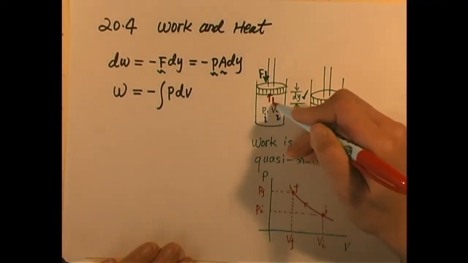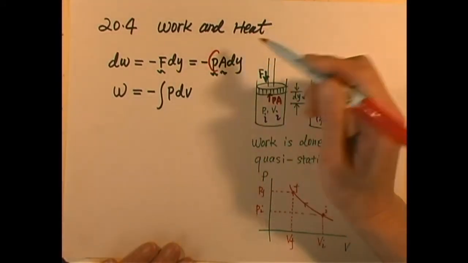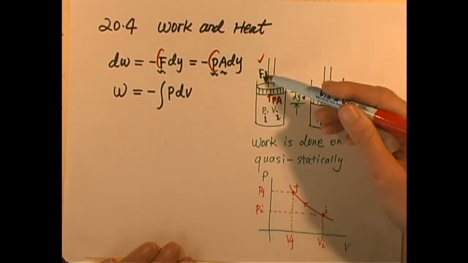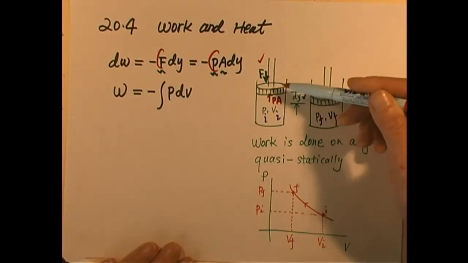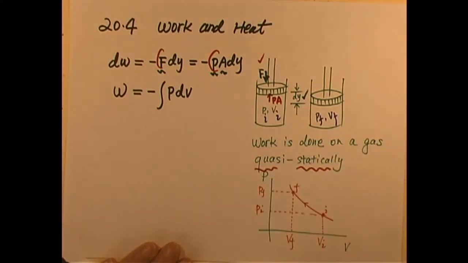So actually PA is pressure times cross-section area. If we replace this F outside by PA, which means these two forces cancel, theoretically the piston shouldn't have acceleration because the forces cancel. That's what we call quasi-static. It's very, very slow moving, almost static.